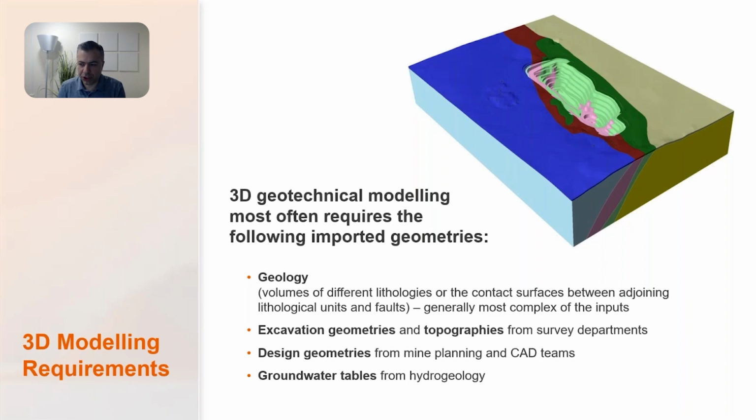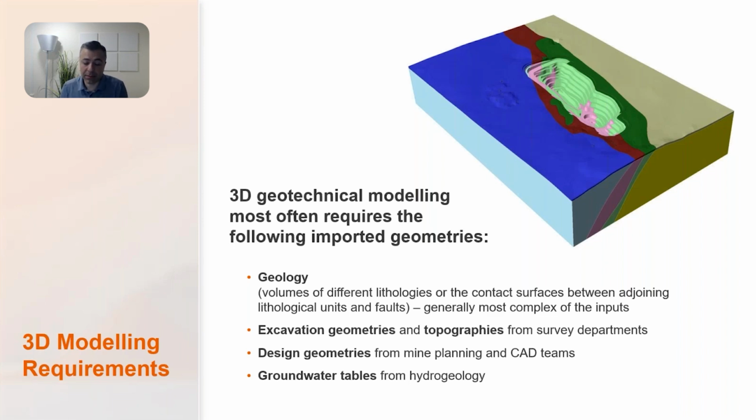They include geology, which basically are volumes of different lithologies or the contact surfaces between the adjoining lithological units and faults. They include excavation geometries and topography, and design geometries coming from mine planning and CAD teams, and groundwater tables from the hydrogeology.